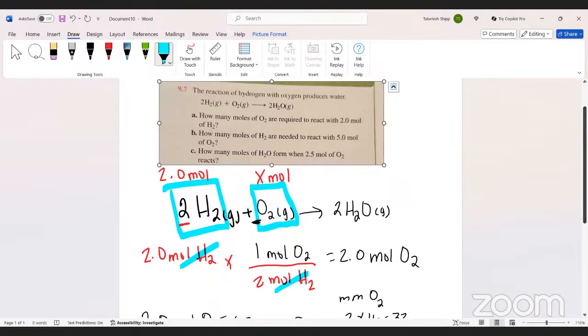Matter of fact, let me see if I can just pull the answer real quick, and I can tell you if you got it right. 2.6. Okay. The reaction. And then 2.5. Okay, I'm gonna point it out in my book. That way you can see if you got your answer right. So I'm gonna show it to you in my book.